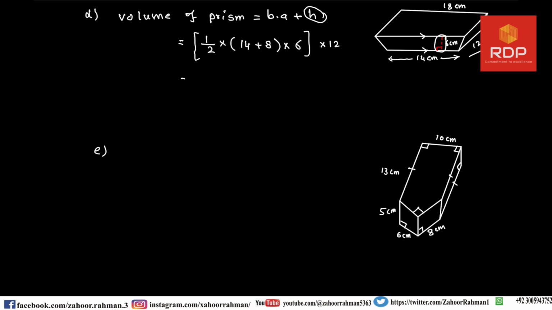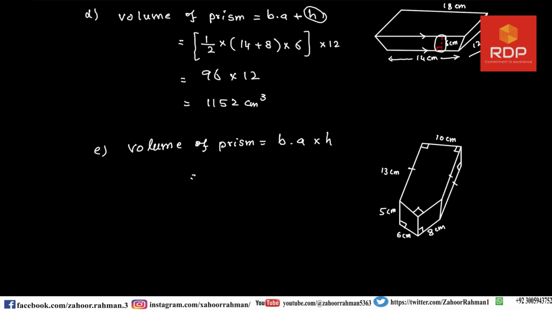So when we calculate this, we will get 96 multiplied by 12, and that will be equal to 1152 centimeter cube. Let us turn our focus to part number E, and the part is saying volume of prism is equal to base area multiplied by height.